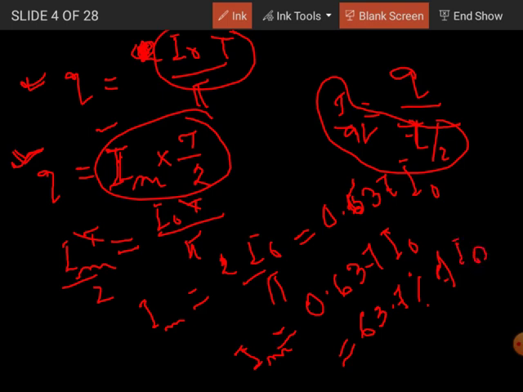Clear? That is how we derive the expression or formula for the mean or average value of AC in terms of its peak value.